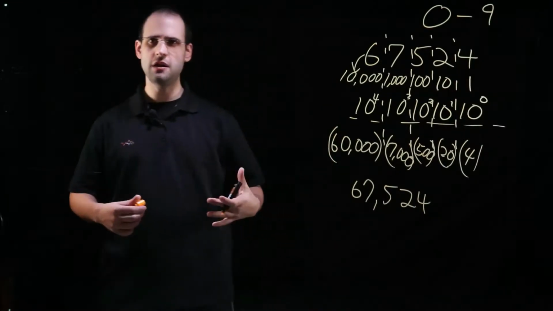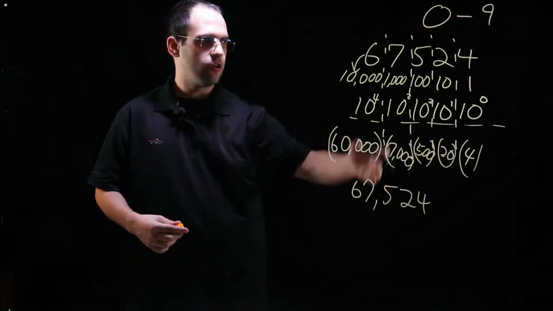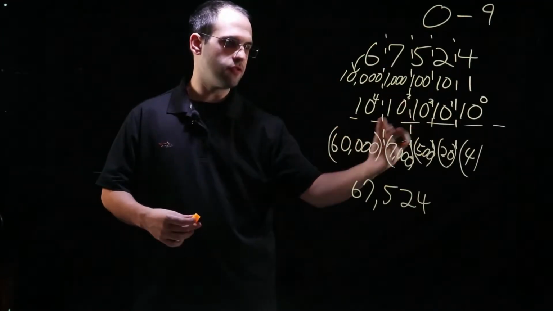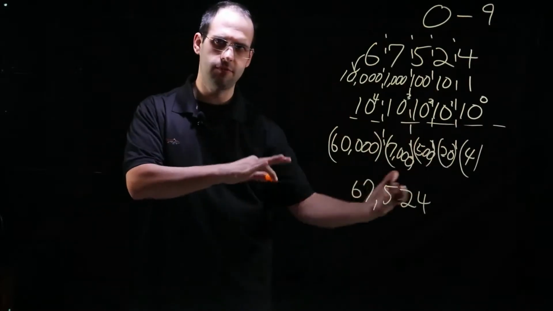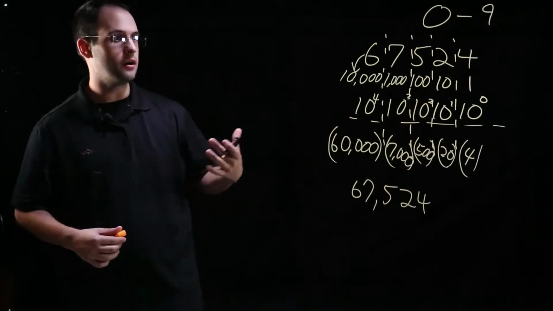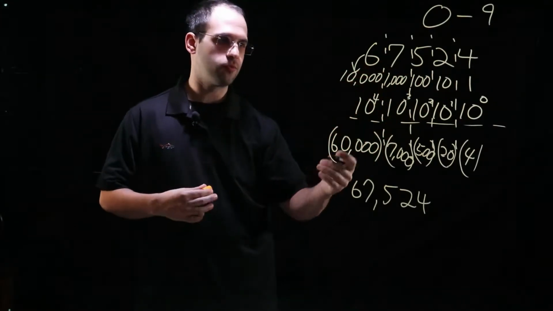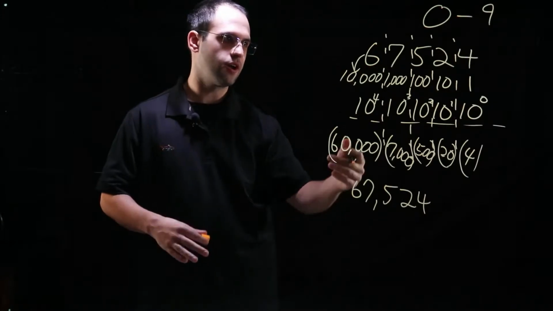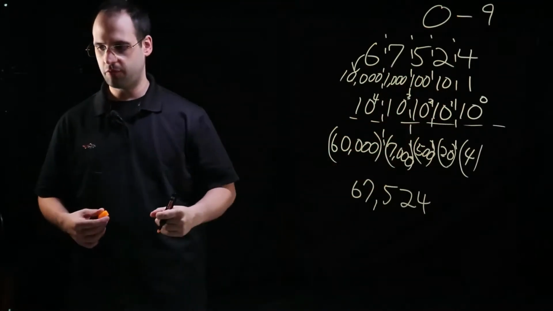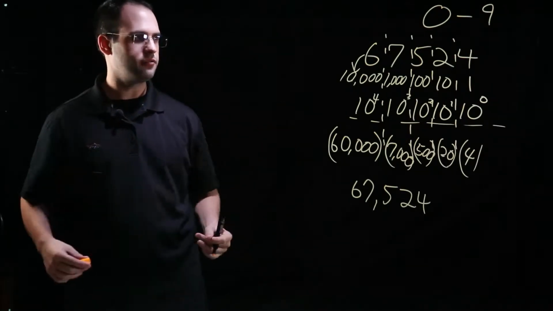So depending on the position of our digit in our number, we can determine what each of those values is, and then take the sum of all those values and get our total number. It's a roundabout way of showing that a 6 in the 10,000s place represents 60,000, and then 7, 5, 2, 4, down the list we go. And that is the base 10 system to give us some type of reference.